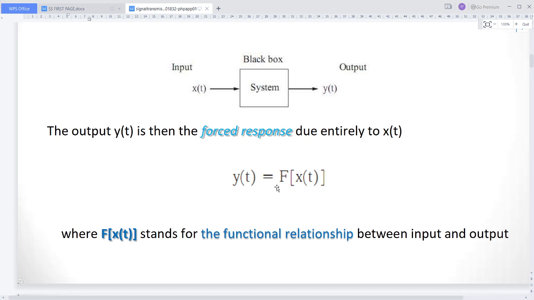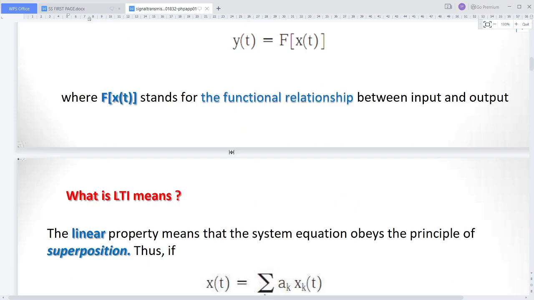That means x of t is being converted into y of t by making use of this functional relationship.